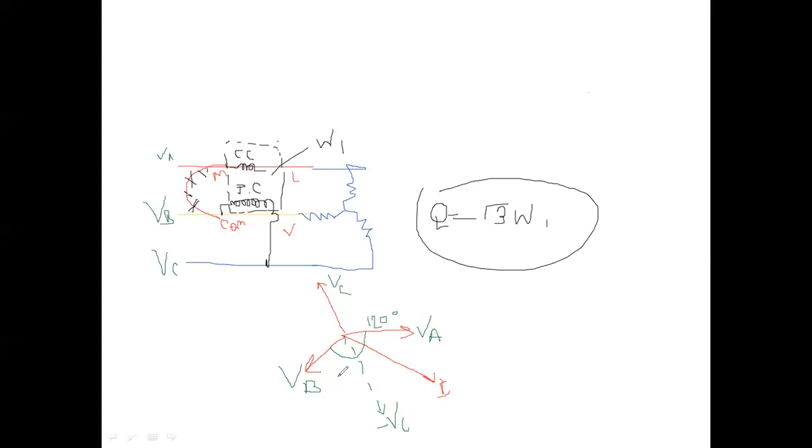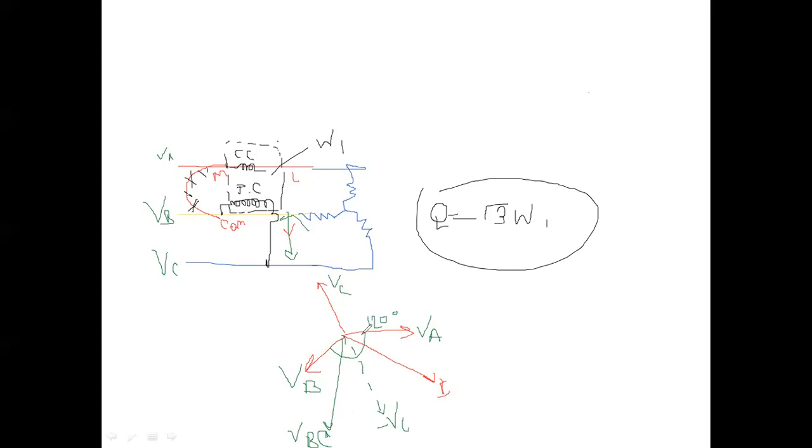Then from VC and VB we get VBC. This voltage measured is VBC, and I is there.